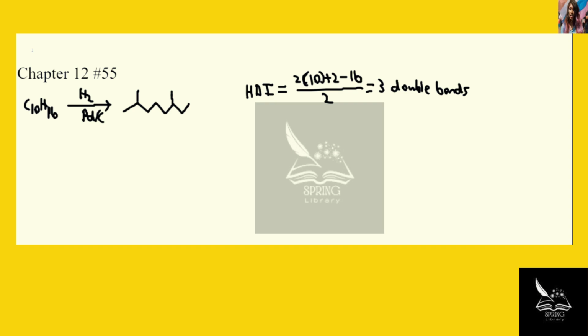We can start with ocimene. For ocimene, we're given the products of an ozonolysis, and that tells us exactly where our double bonds are.